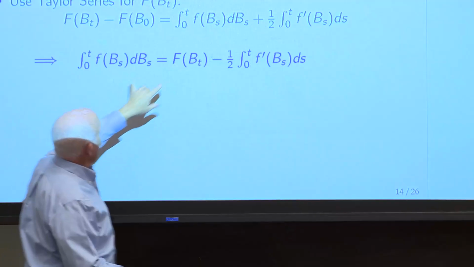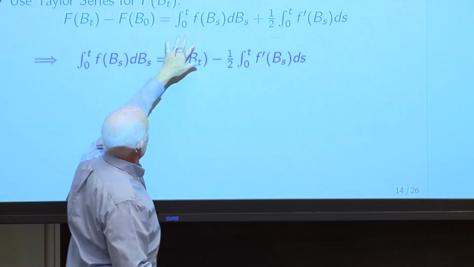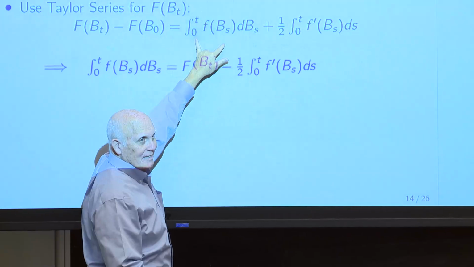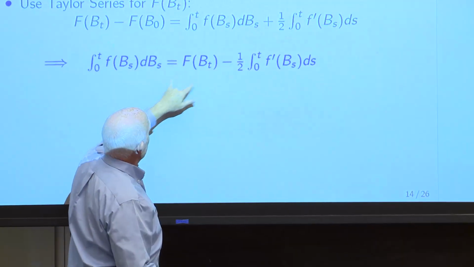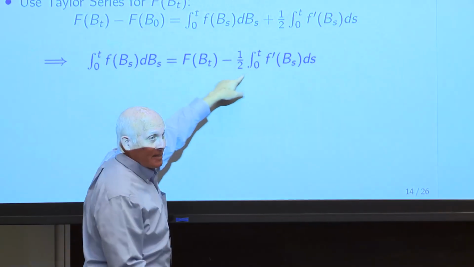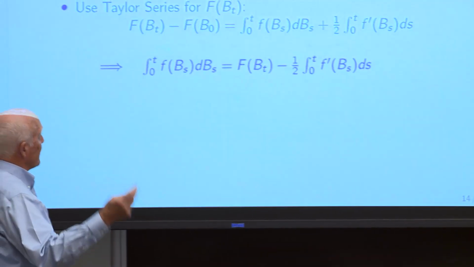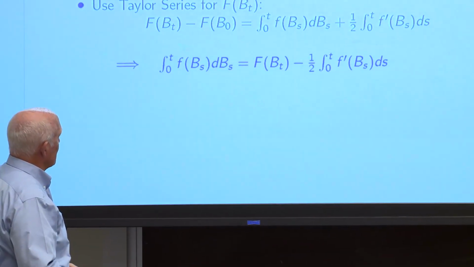And if we solve for this first term on the right, then that's equal to F of Bt minus a half the integral of f prime of Bs ds.